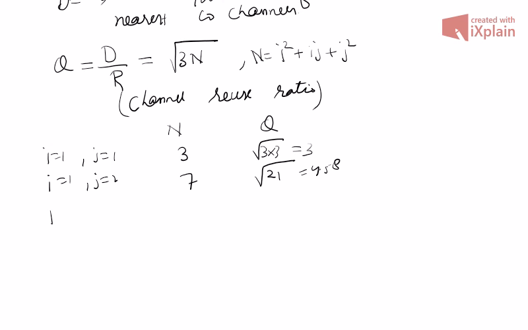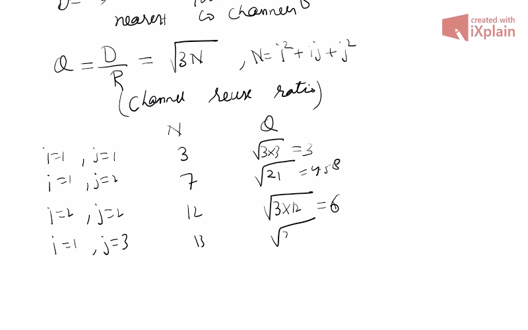Similarly, if you choose i is equal to 2, j is equal to 2, it will be 12. So this is under root of 3 into 12, which is 36, root 36, 6. If you choose i is equal to 1, j is equal to 3, this is 13, this is root over 3 into 13, which comes to be 6.24.